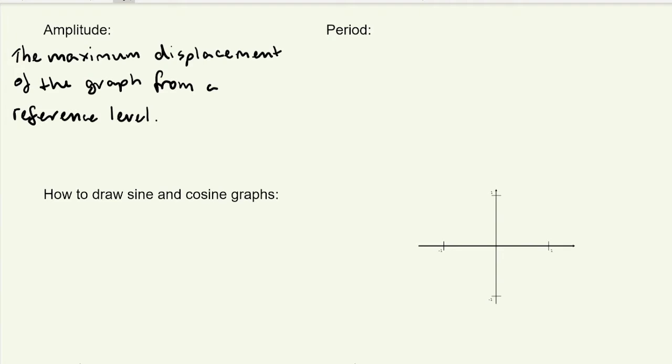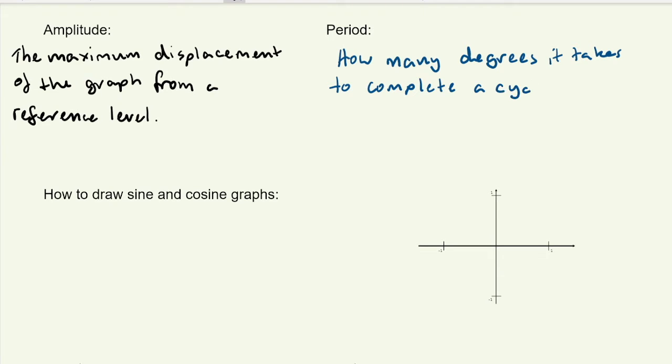The period is the other feature that we're going to be talking about in this particular video. The period is how long it takes to complete a cycle, or how many degrees it takes to complete a cycle.